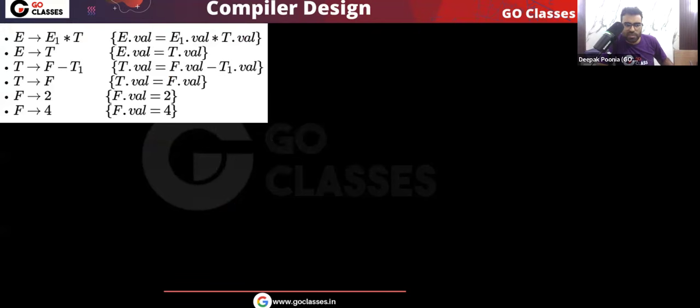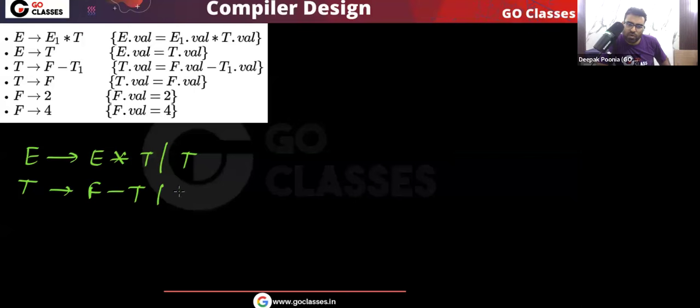Once we have done the analysis of the grammar, you can easily see that this grammar is basically like this: E goes to E star T, T goes to F minus T, F goes to 2 or 4. Now notice: higher level, lower precedence; lower level, higher precedence.